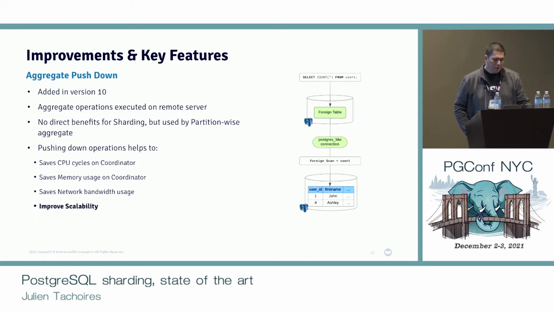Aggregate pushdown does not provide direct benefits for sharding, but this feature will be used by other more advanced techniques. In general, delegating operations to remote servers helps to save resources on the coordinator node, and it helps to reduce network overhead, and in the end, it improves global scalability of the system.